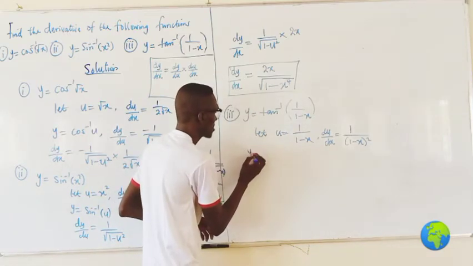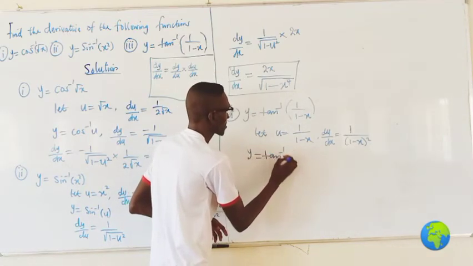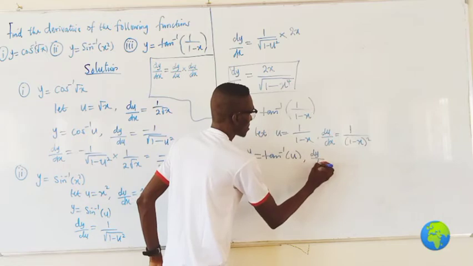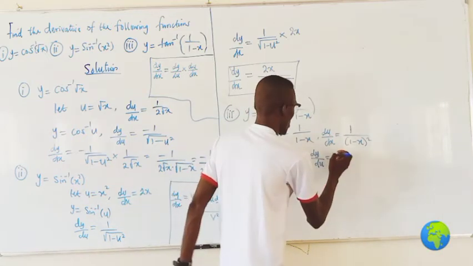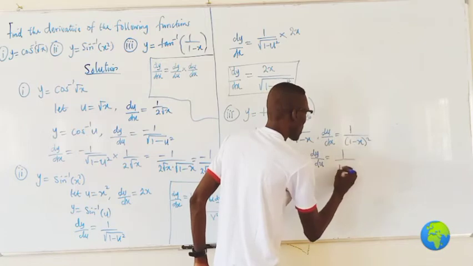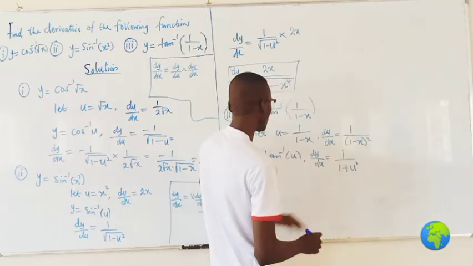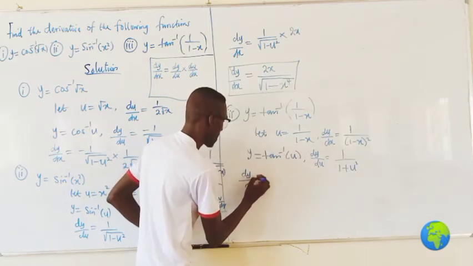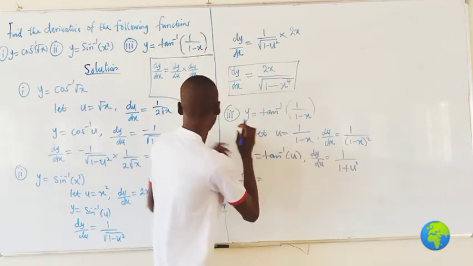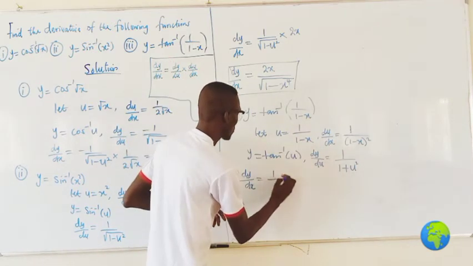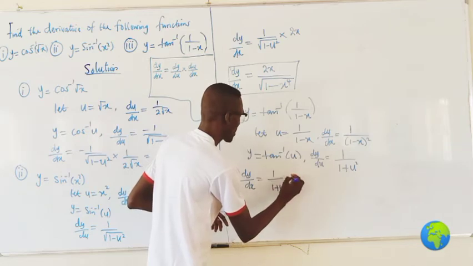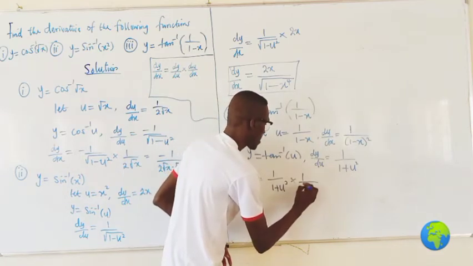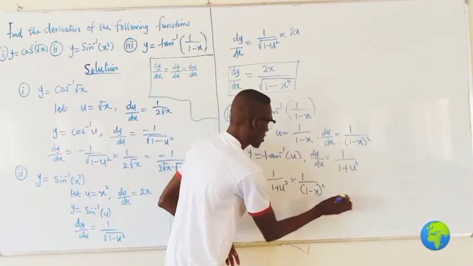So we have y right now equal to tan inverse of, instead of this, I'm going to put u. So what is our dy/du? If you differentiate tan inverse of u, you are going to have, recall, 1 over 1 plus u squared. So if this is our dy/du, inserting in the chain rule, dy/dx equals dy/du, which is 1 over 1 plus u squared, times what is our du/dx? du/dx is 1 over 1 minus x all squared, right?